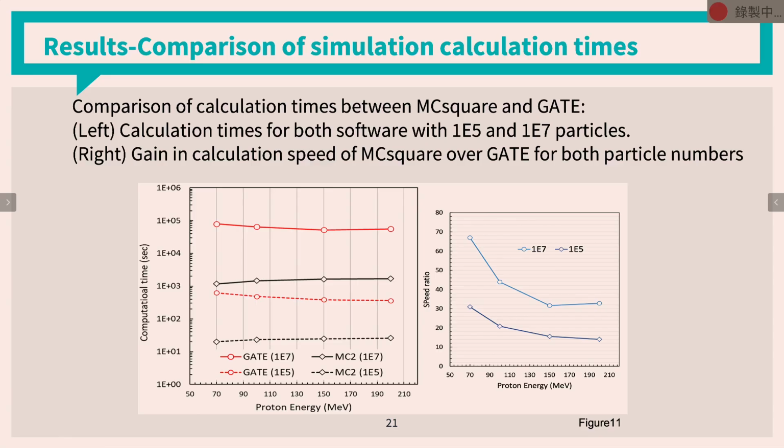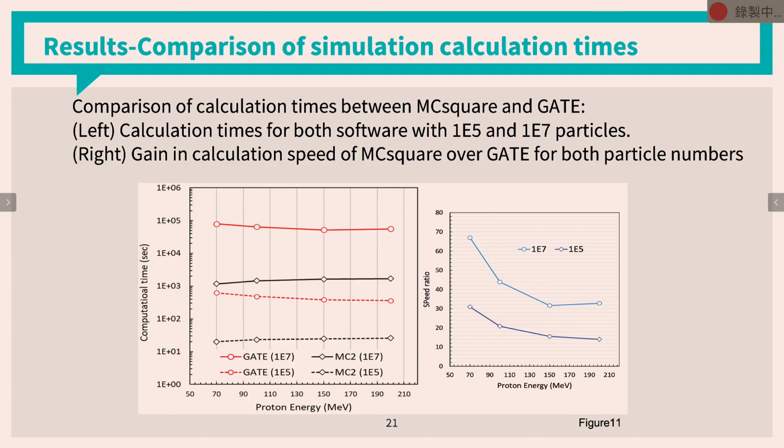For 10 to the power of 5 particles, GATE takes minutes and MC² only takes seconds. On the right figure, the time difference is up to 70 times for 10 to the power of 7 particles and 30 times for 10 to the power of 5 particles. So overall, we can see that MC² significantly reduces the computation time and improves efficiency.